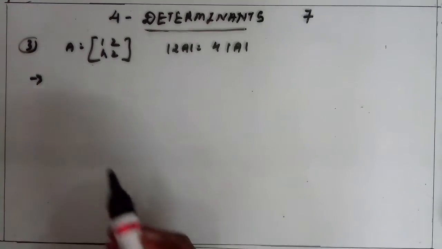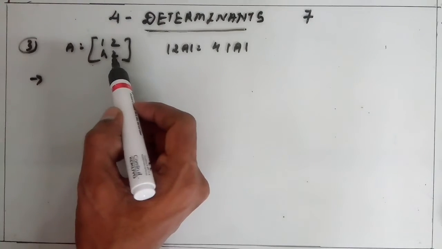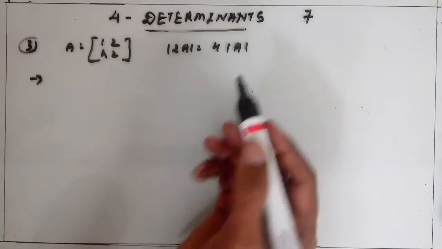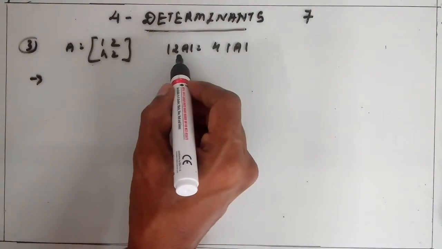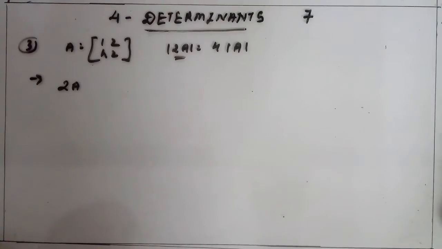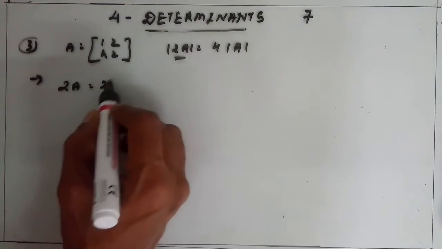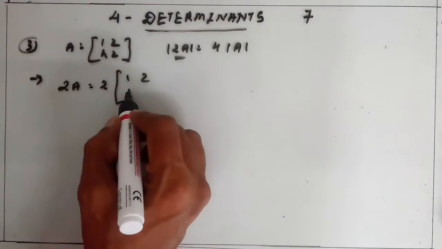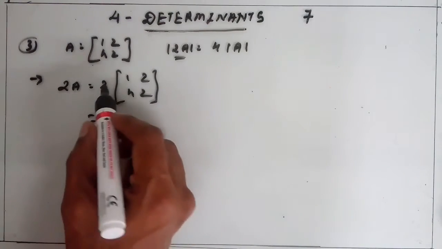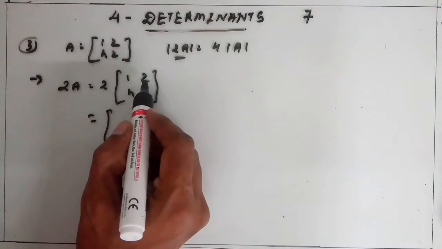Now question number 3. For a matrix A equal to 1, 2, 4, 2, show that determinant of 2A is equal to 4 into determinant of A. First we get 2 into A. 2 into A is equal to 2 into matrix 1, 2, 4, 2, and we know that scalar product 2 into this matrix means multiply each entry of this matrix by 2.